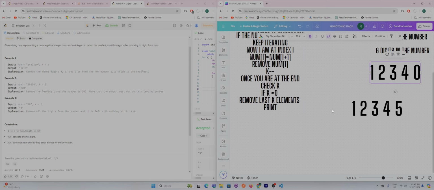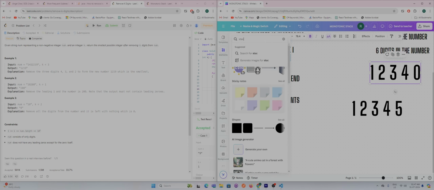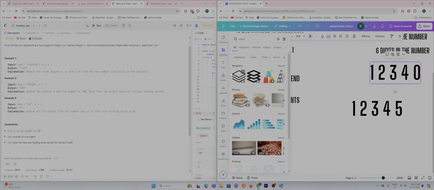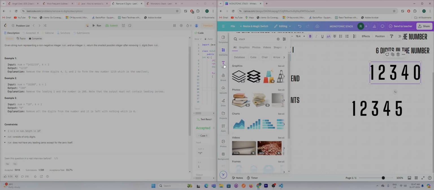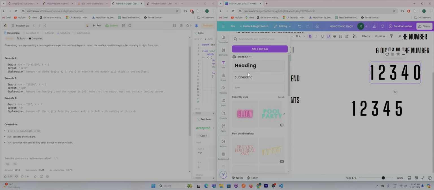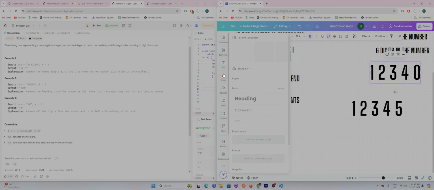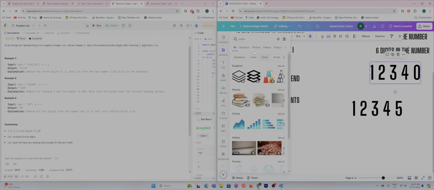The easiest way to solve this problem is you initialize a stack. Let me see if I can get a stack here. I don't have one, but I'd want you to think of a stack.